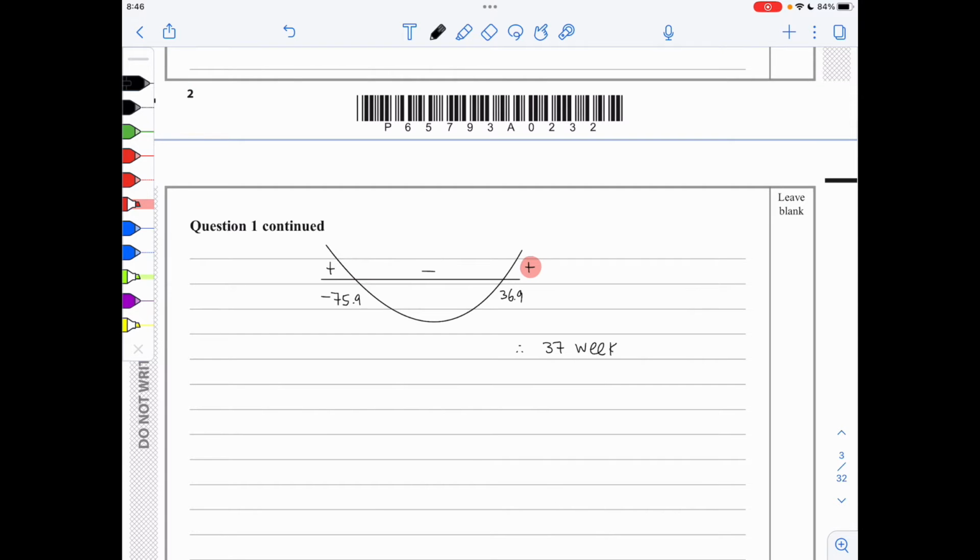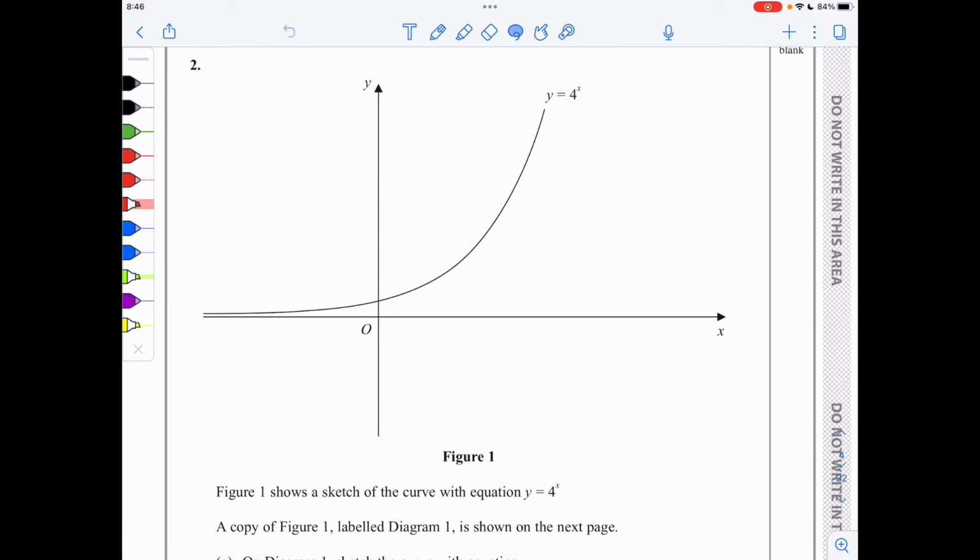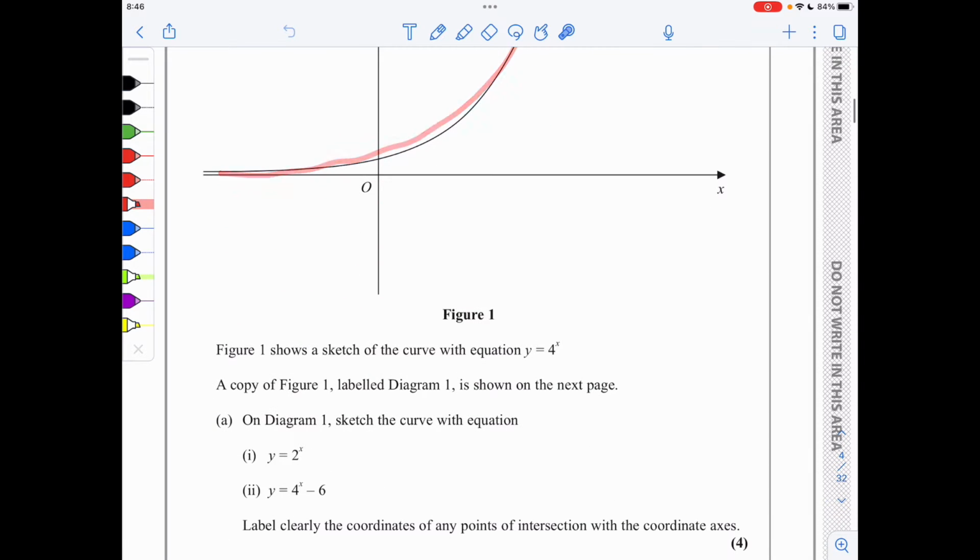In question 2, we are given the graph of y is 4 to the x, and we are asked to sketch y is 2 to the x and y is 4 to the x minus 6. First of all, for y is 2 to the x, we know it's going to look a lot like 4 to the x.